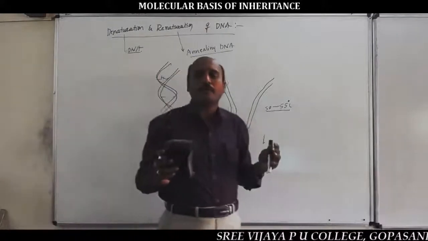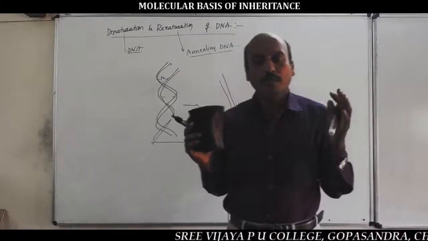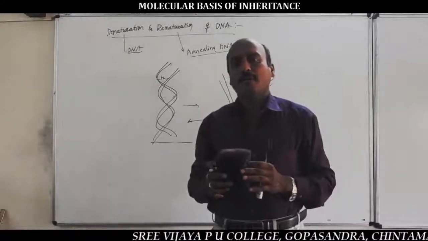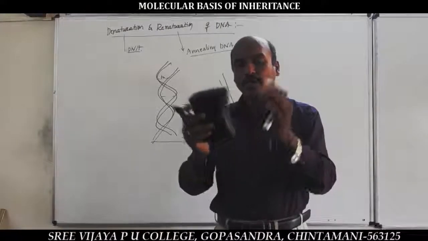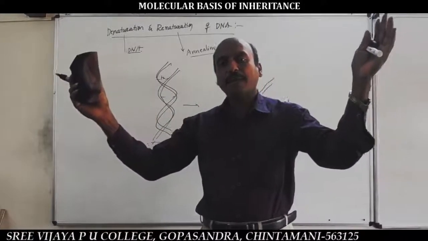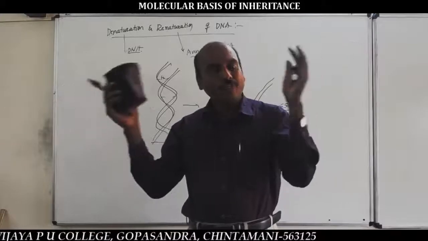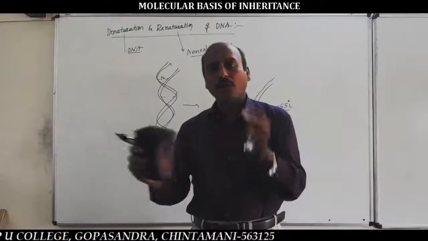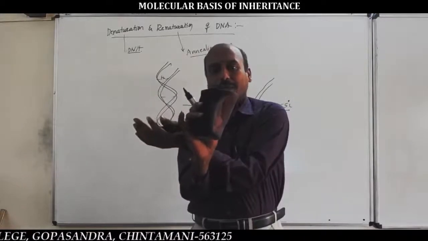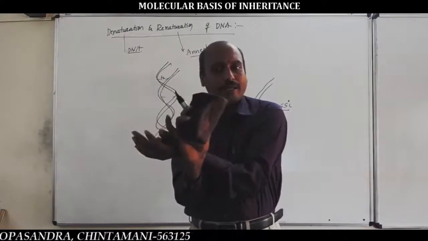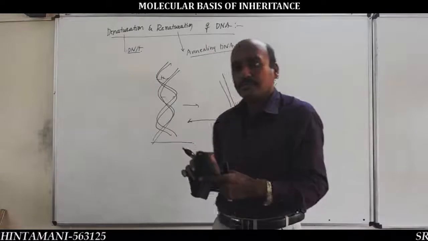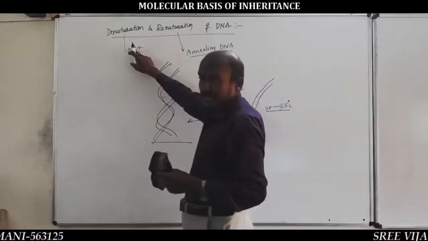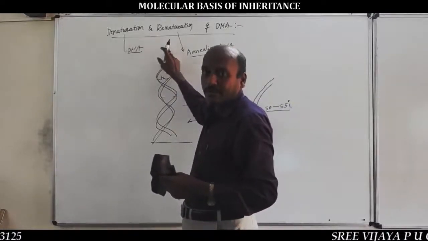So you should remember one important concept: denaturation DNA means separated DNA at a high temperature. Renaturation DNA, nothing but reunited DNA, reunited DNA or annealing DNA at average temperature. That is the meaning of denaturation and renaturation.